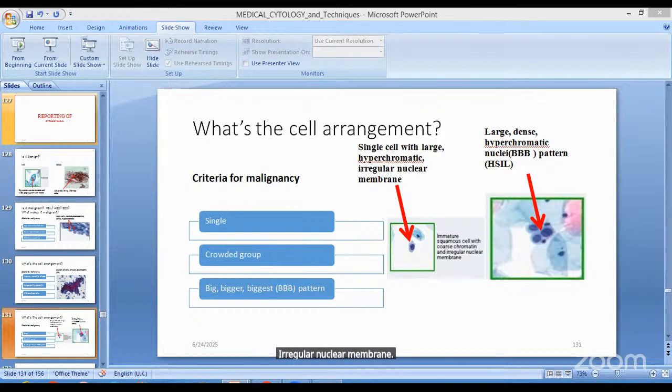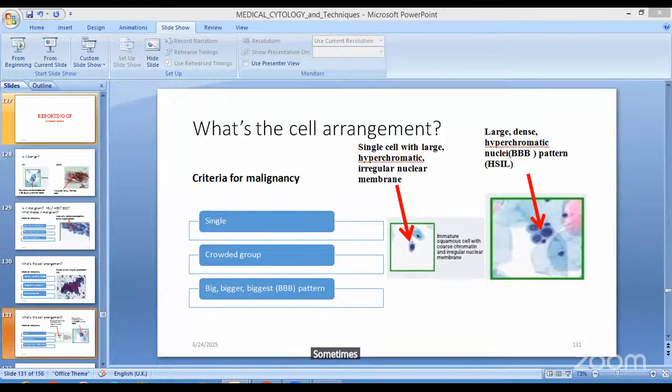Those are features of malignancy. Cells like this are called litigation cells. An untrained eye will miss it. An untrained mind will miss it. I call it benign-looking because it's malignant, highly dangerous. It's an immature cell, and you can see the chromatin is coarse, with an irregular membrane. Those are classical criteria for malignancy.